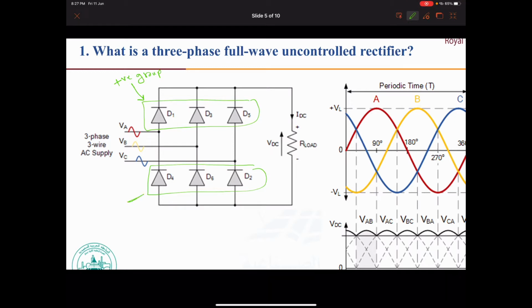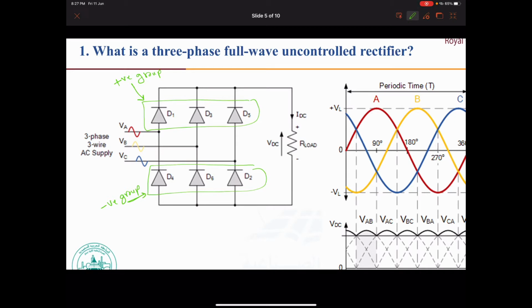Here we can say that they are the negative group. Now why do I say that? Because those 3 diodes are working in the positive cycle.